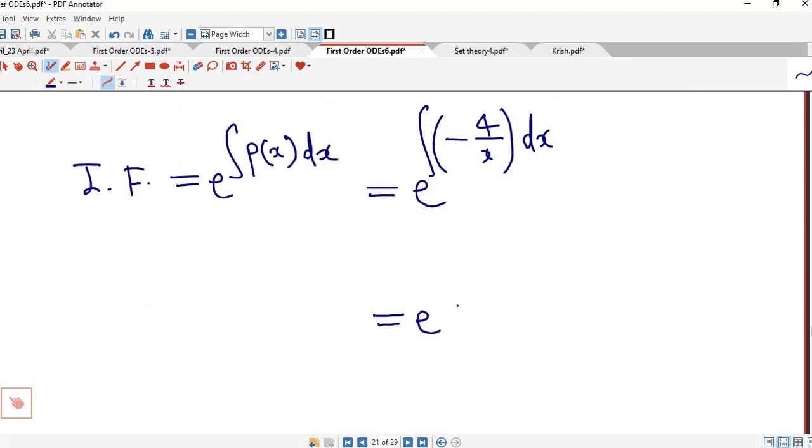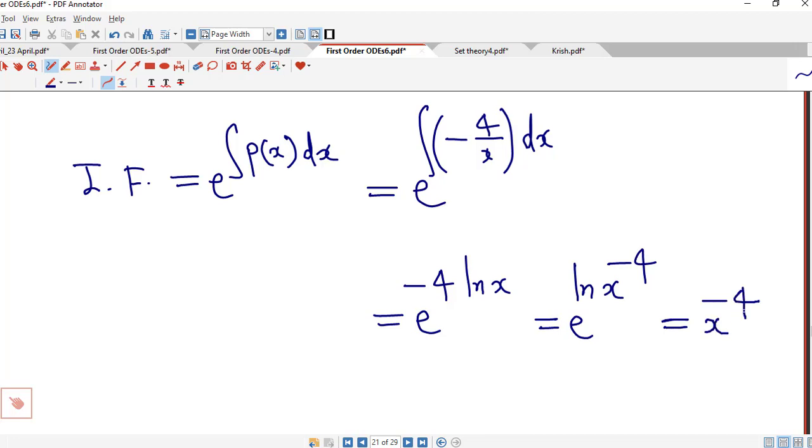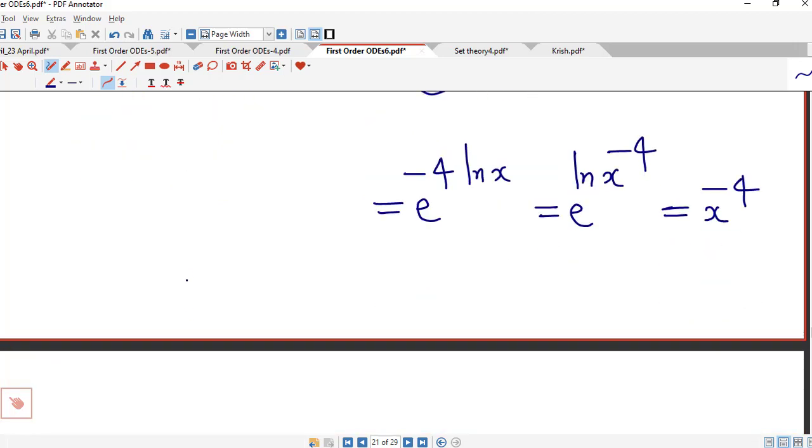And here minus 4 is constant. The integral of 1 by x is the logarithmic function of x, and this we can rewrite as ln x raised to minus 4, and the integrating factor turns out to be x raised to minus 4. So therefore the integrating factor is x raised to minus 4.